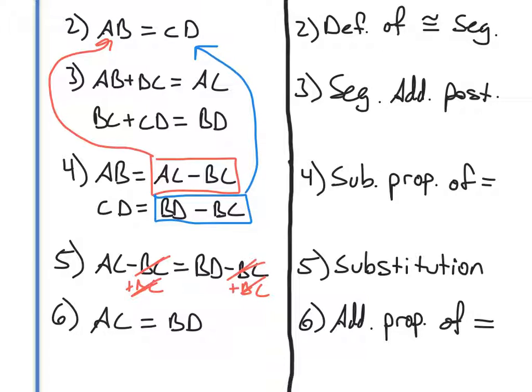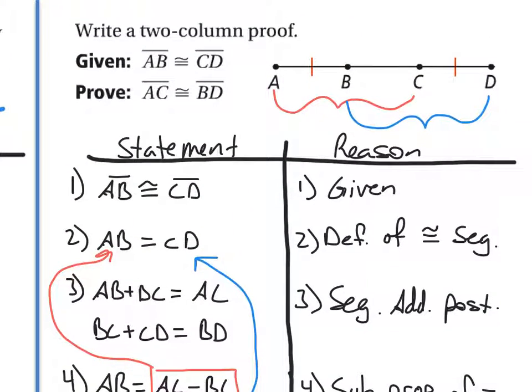Look at what we have written down here. AC equals BD. Is that what we were actually trying to prove? No. We were trying to prove that line segment AC is congruent to line segment BD. So we have gotten to the point where we've proven they're the same length, but are they congruent?